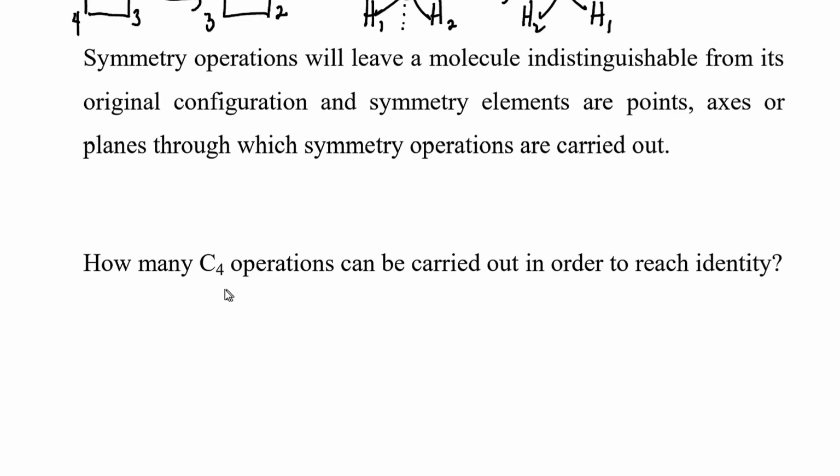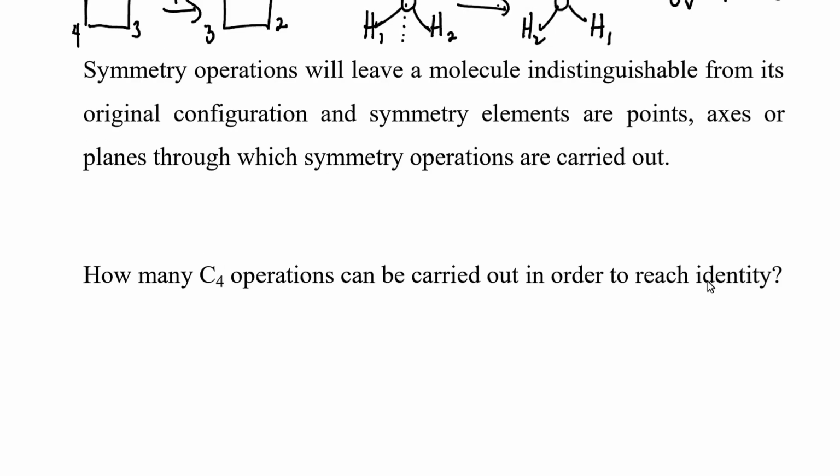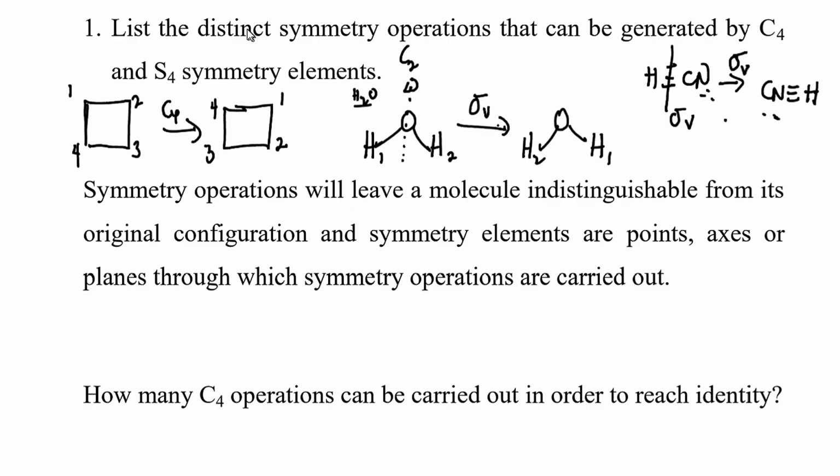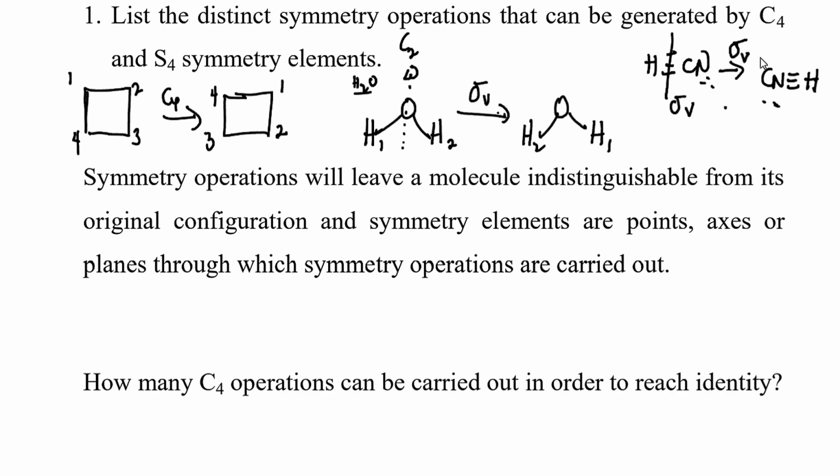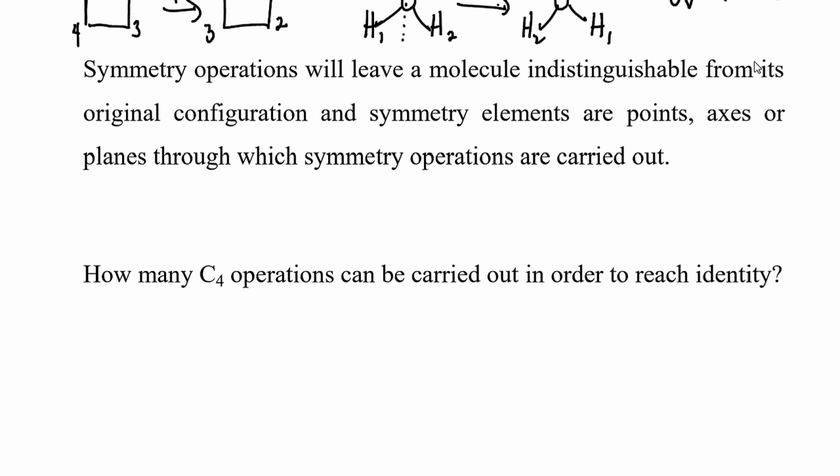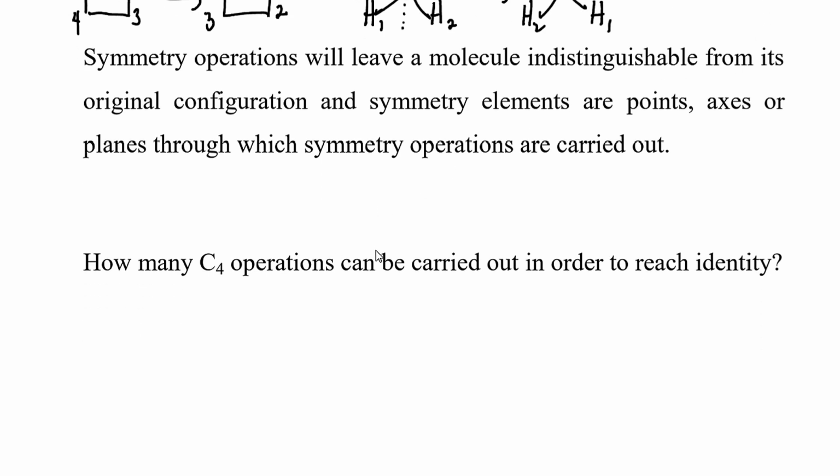So now the question says, how many symmetry operations can be carried out to reach the identity? Looking at the question here: list the distinct symmetry operations that can be generated by C4. What we're trying to say is how many symmetry operations can be carried out in order to reach identity.